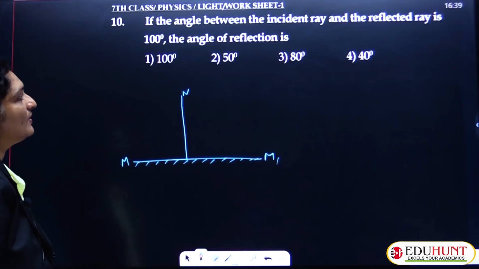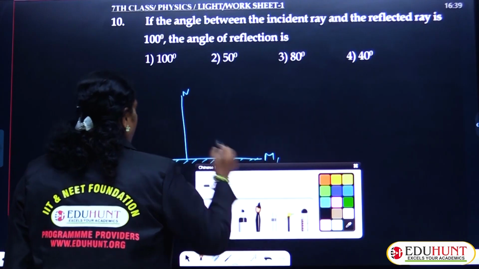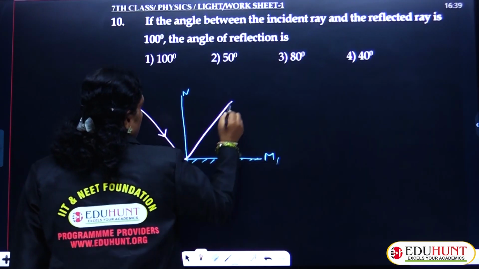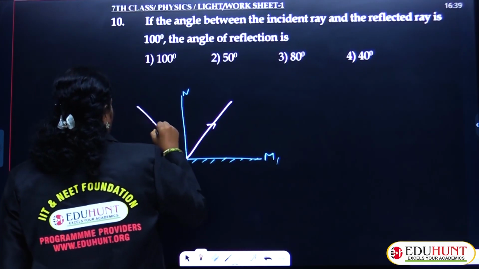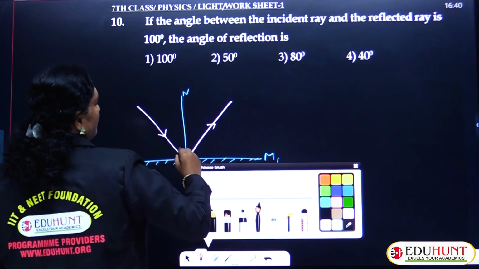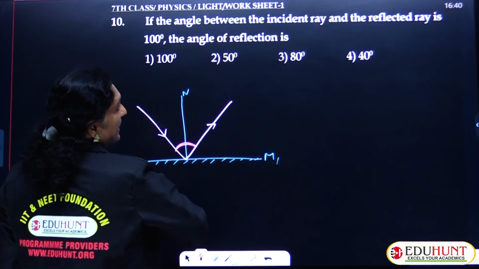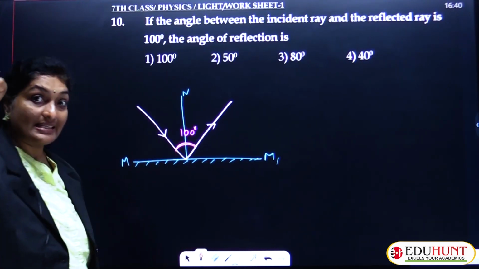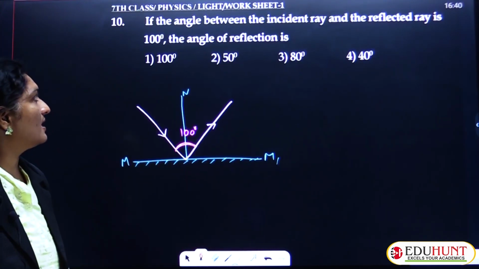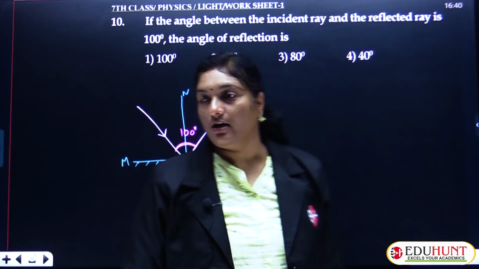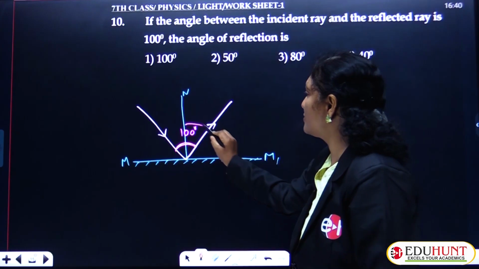Here is your incident ray and here is your reflected ray. The total angle between the two is given as 100 degrees. Earlier it was given as 90 degrees, now they gave the same as 100 degrees. Then you are asked to find the angle of reflection, that means only this portion.